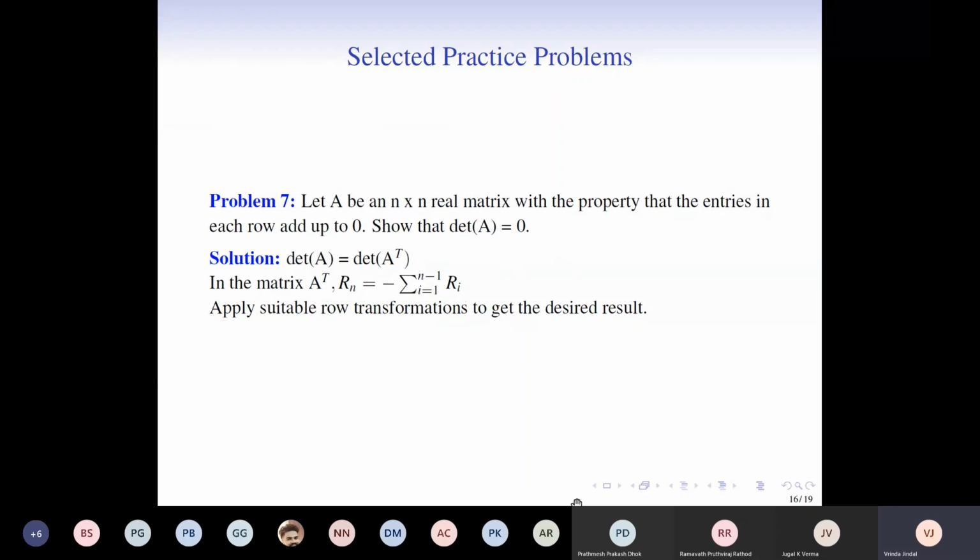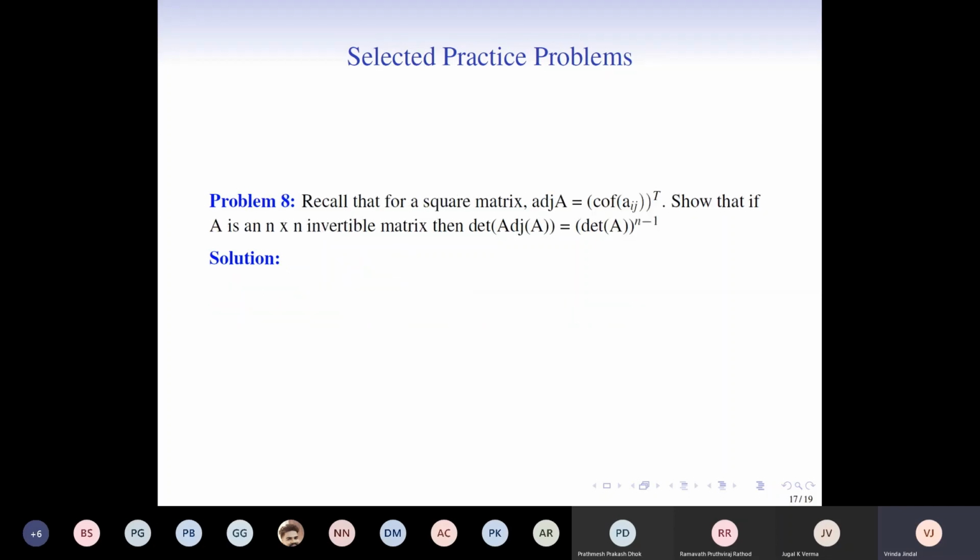And if we expand by that row of zeros, it will give us 0. Similarly, you can do it with any row, like instead of row n, do it with row 1 or row 5 or anything like that. It's just a simple problem.